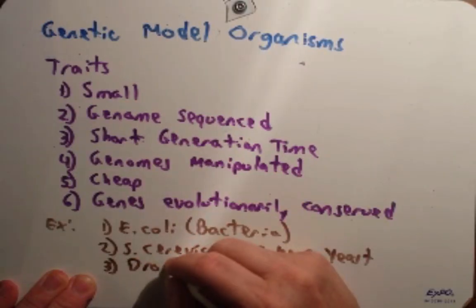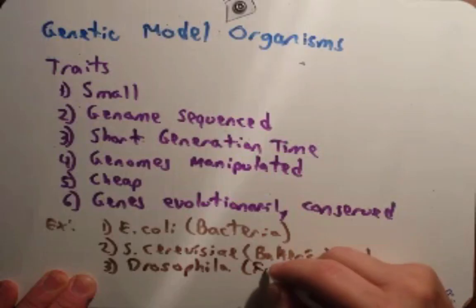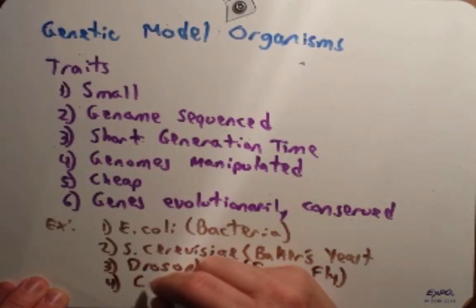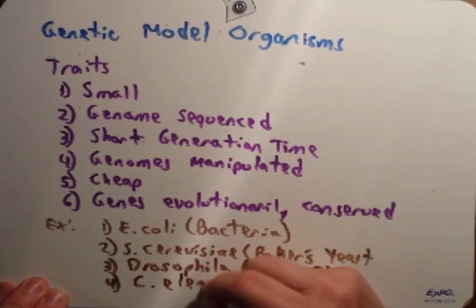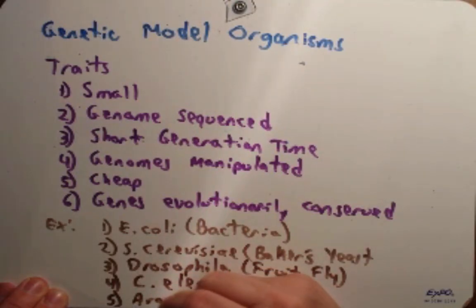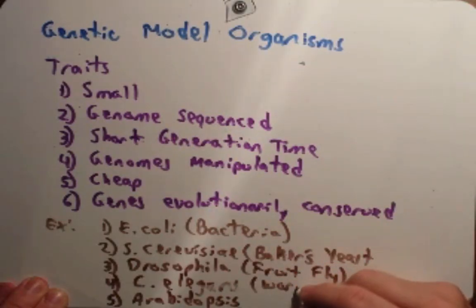Drosophila, which is a fruit fly. C. elegans. And the last one here I want to mention is Arabidopsis. C. elegans, I should have mentioned, is this microscopic worm that lives in soil, and Arabidopsis is a plant.